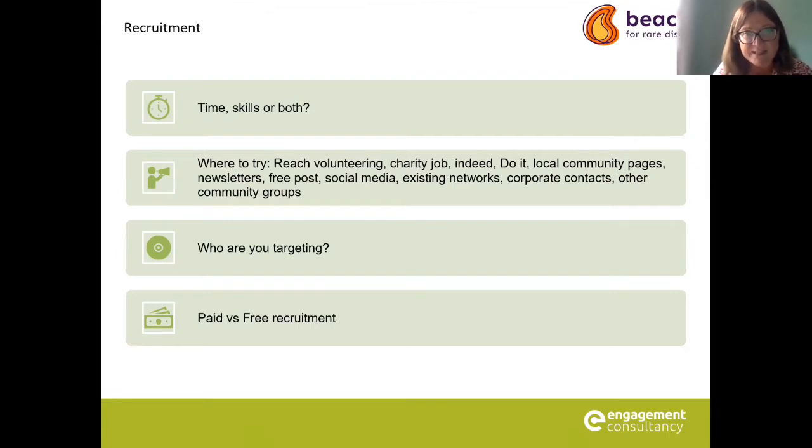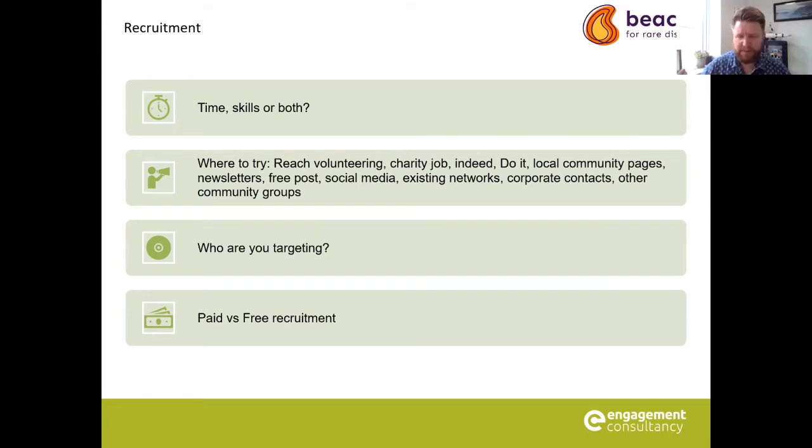I don't think I'd necessarily pay to start with, but it's worth thinking about, especially if you have local community magazines. But also consider that a paid advert in the local press for a volunteer would cost you, whereas some editorial, a good news story about your charity or a great story about what a volunteer's done, would be free. So it's worth thinking, is there a free way of doing this?